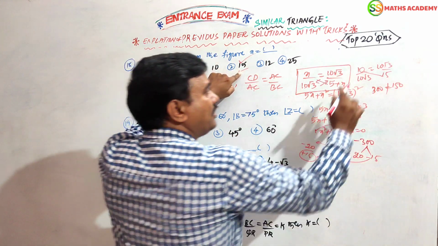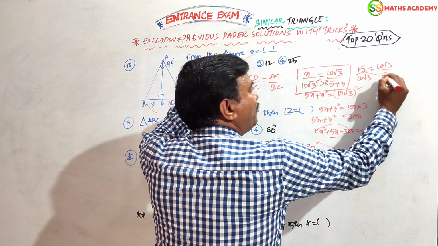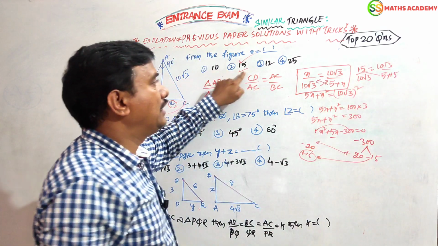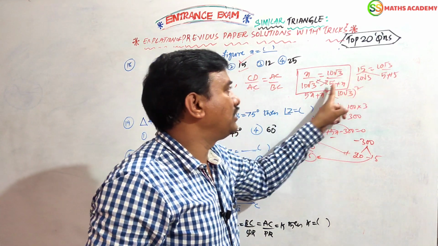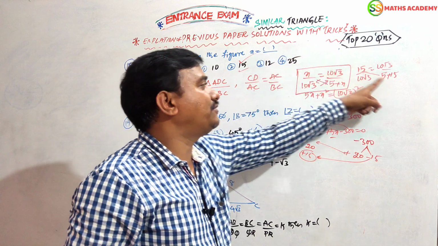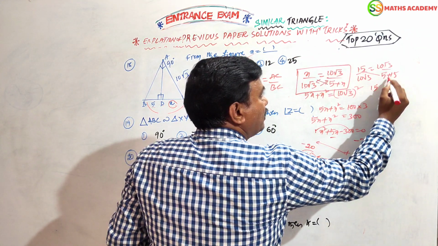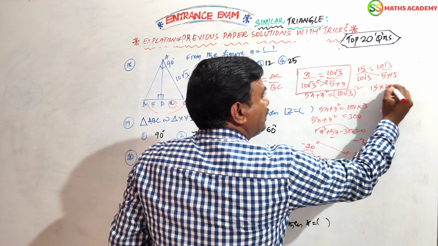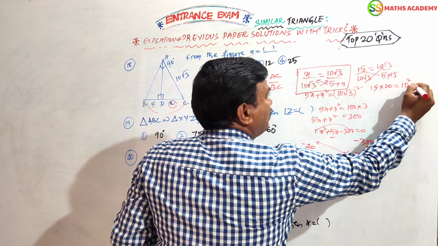Next, the second option. In the place of x, we choose the second option, 15. So 15 plus 5, 20, is equal to 10 root 3 into 10 root 3, 10 square into root 3 square.